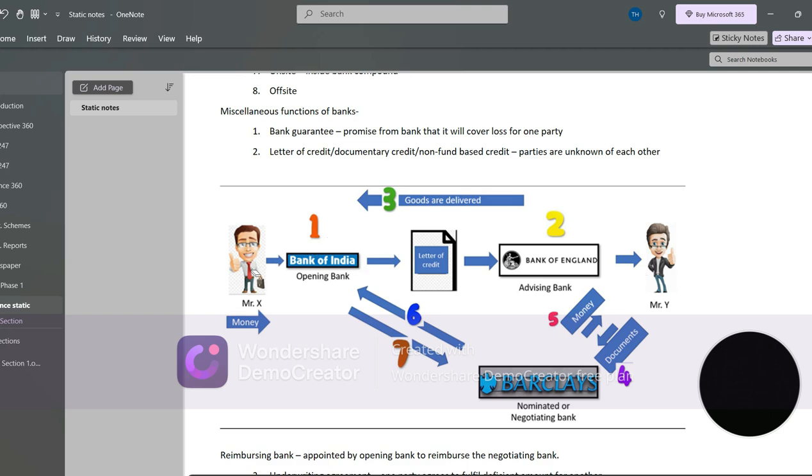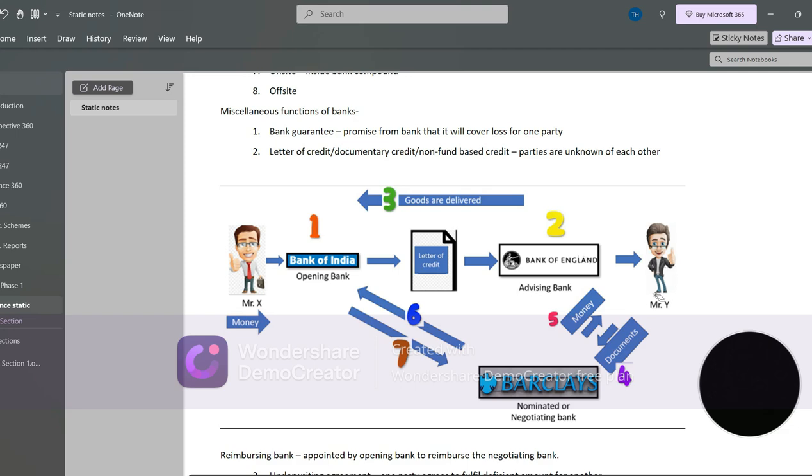So what is happening here is Mr. X is approaching Bank of India, and then Bank of India is giving a letter of credit to Bank of England, as banks can transfer letters of credit between them. Then Bank of England is advising Mr. Y that they have got a letter of credit, and upon this verification, Mr. Y transfers the goods which need to be delivered.